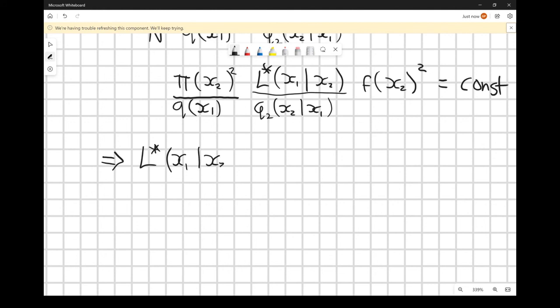argument x1 conditional on x2 is equal to, and I'm going to set it so this will essentially cancel to 1.